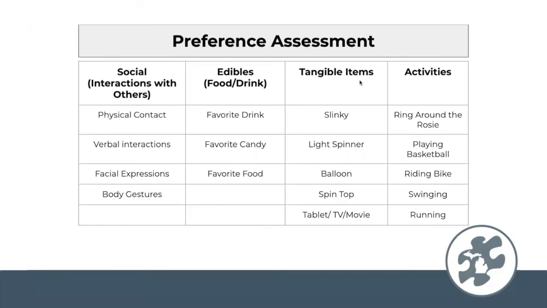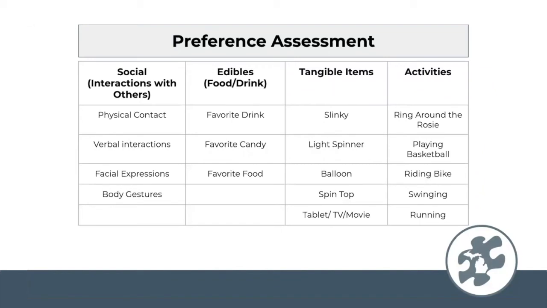Sometimes you might think, oh, they like everything the same, or I really have no idea what this individual might like. This is a way to really see, what are they going to work towards or look forward to. I always like to say look forward to, because everybody in their life looks forward to things.